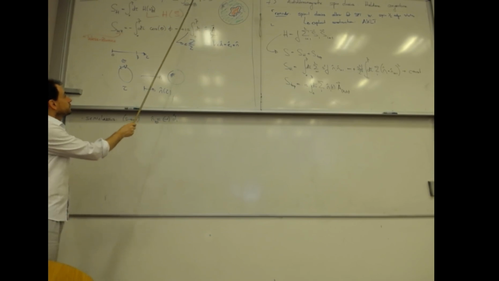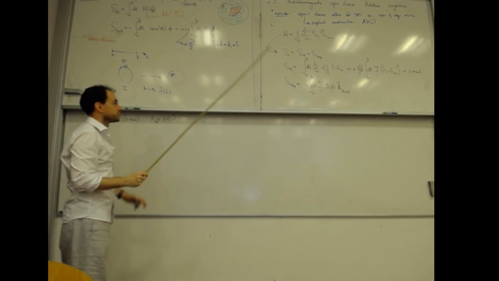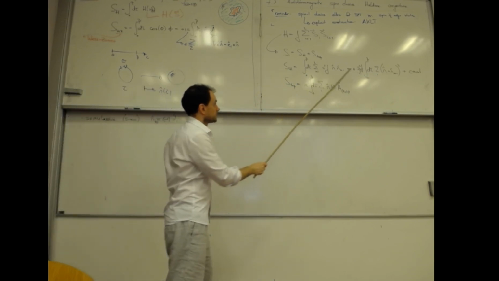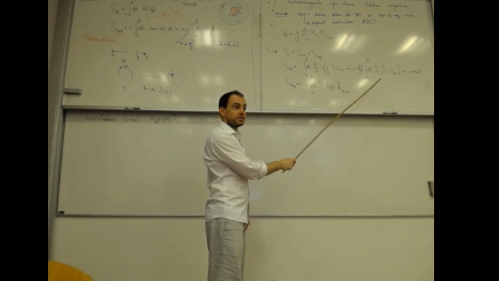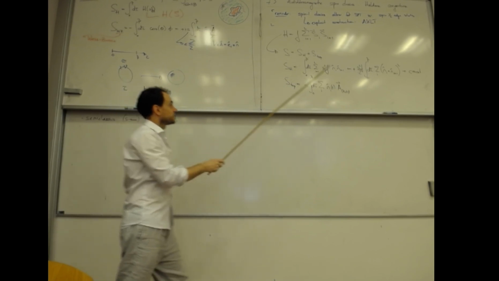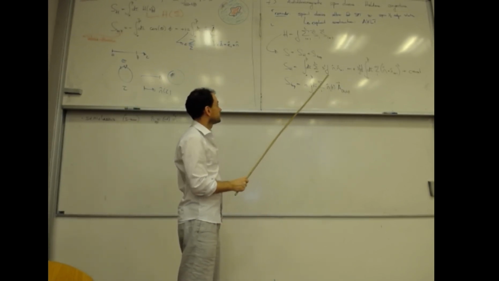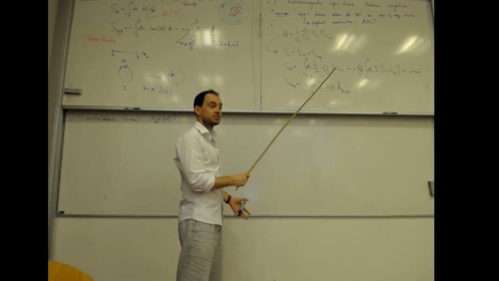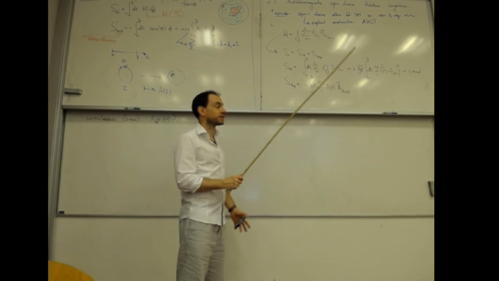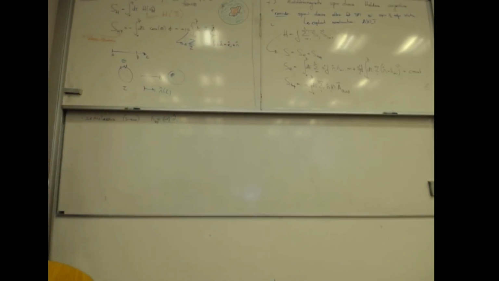But there are field configurations at which this S is minimal, or at least extremal. In this case, we're looking for the minimum. These are the contributions which are strongest in this field integral as S goes to infinity. At the same time, these are the solutions to the semi-classical equations of motion, because you minimize the action. That's what you learned in analytical mechanics. So that's why it's called semi-classical in the context of field theory.